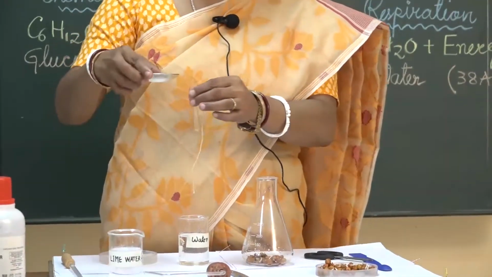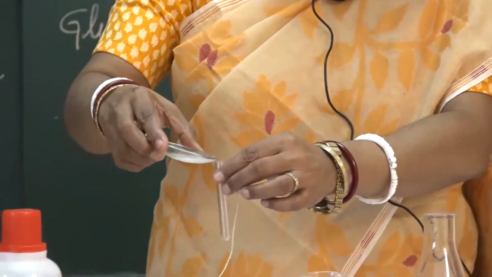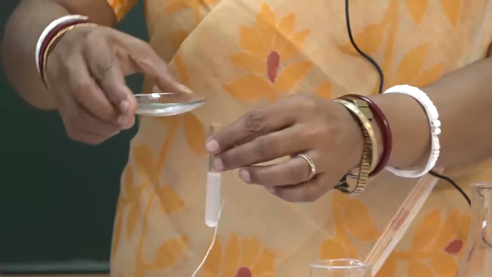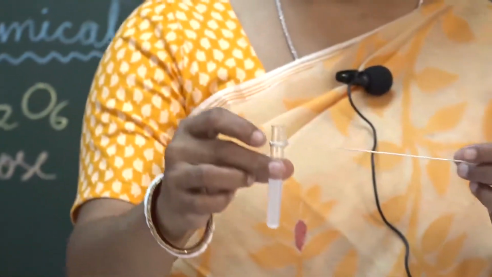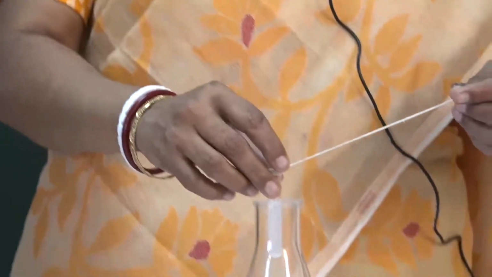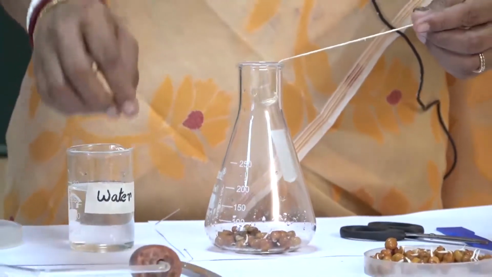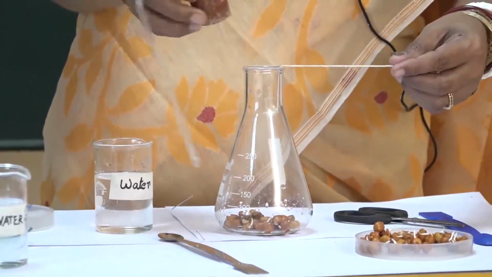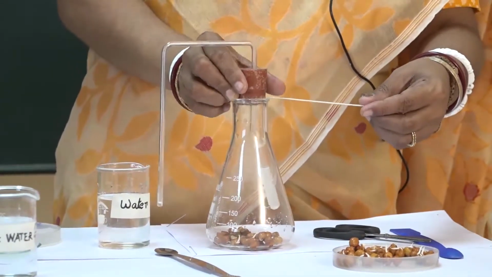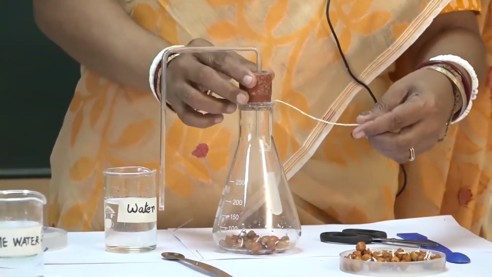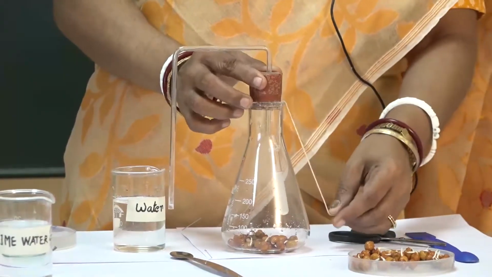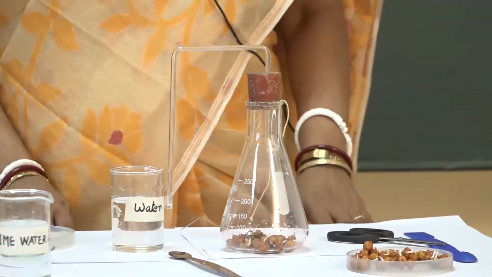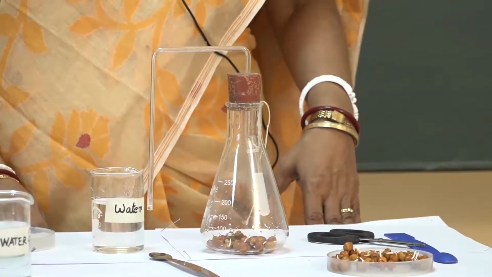We have taken KOH solution into the small test tube. Now, we are hanging it inside the conical flask and putting the cork on it. With the help of the cork, we can hang the small test tube inside the conical flask.